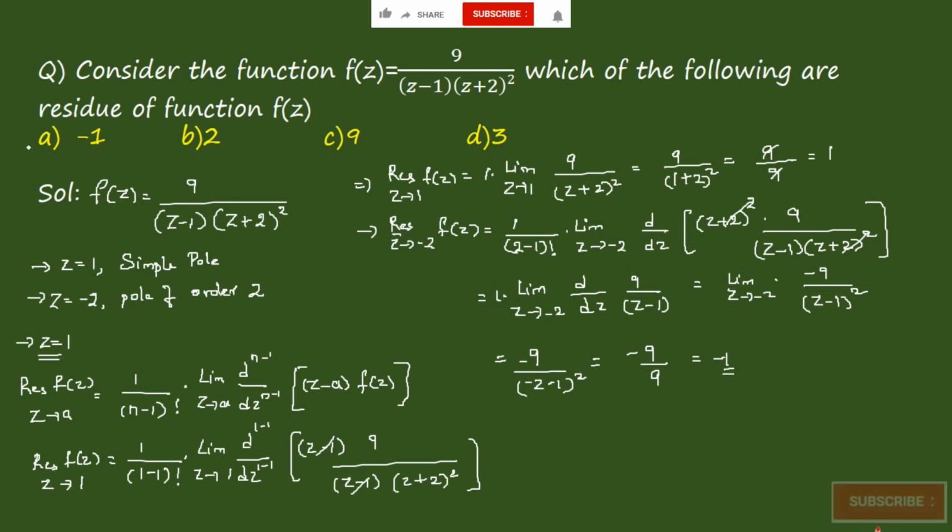So in the options, the answer is option A. We have 2 poles, so we have 2 residues, and in the answers we got 1 and minus 1, so in the options we have only minus 1. So which of the following is the residue of the function f of z? It is minus 1.